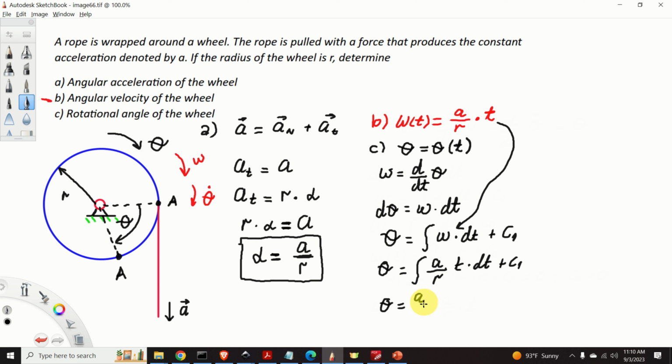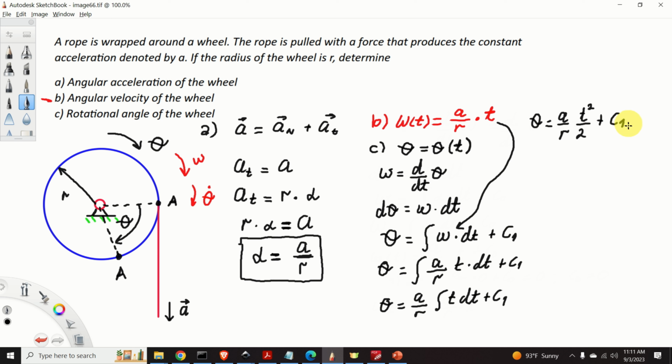A over r is simply a constant and can get out of the integral, and in the integral we have t dt plus c1. From this expression, we obtain that theta is actually equal to A over r times t squared over 2 plus c1.